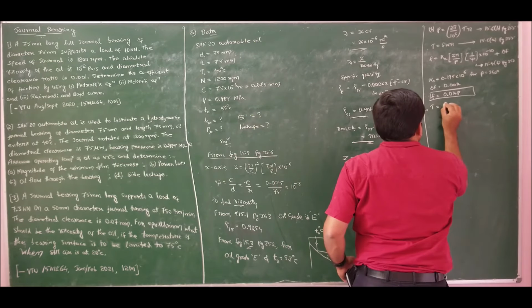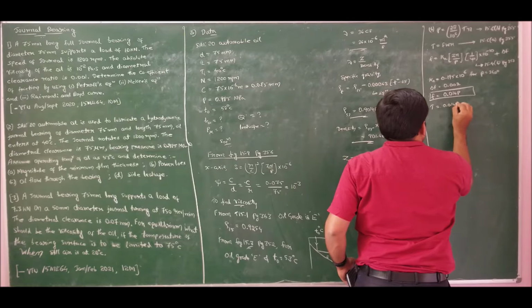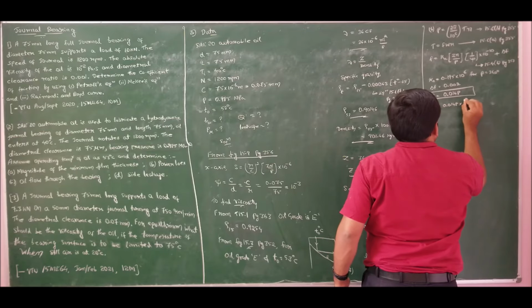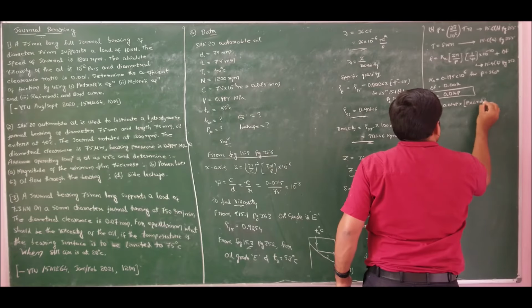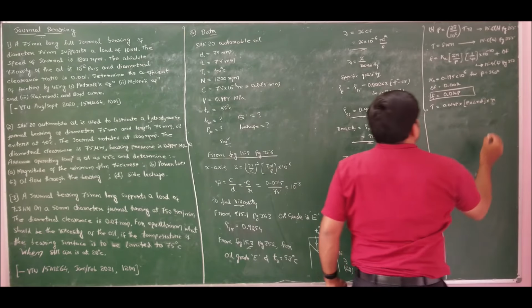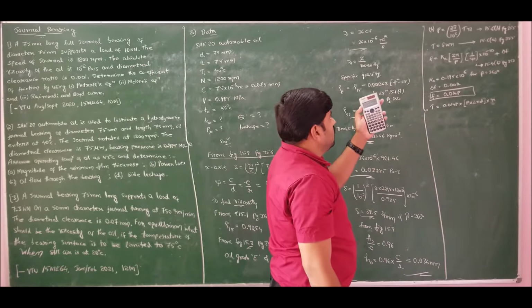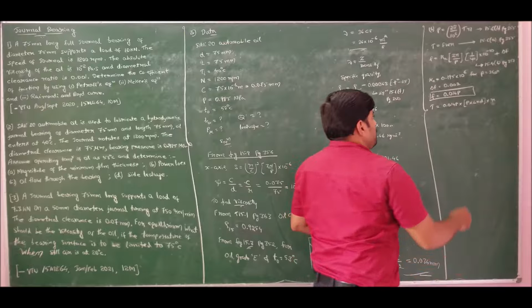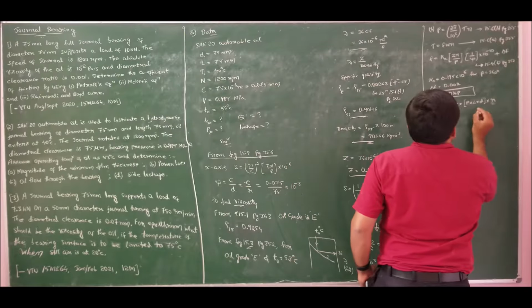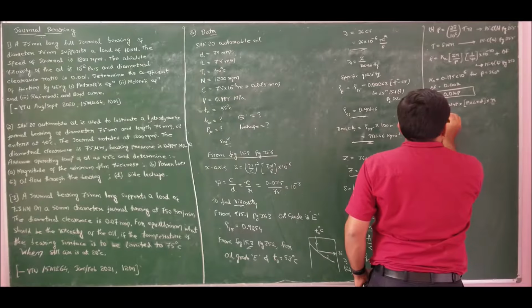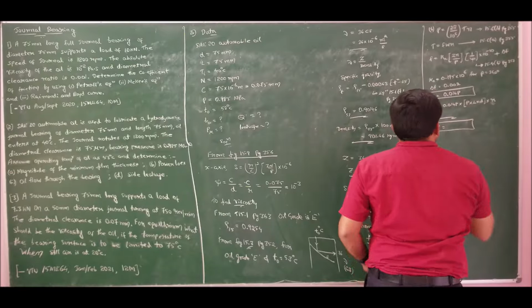I will get torque as 0.0148 into load. Load is not given, but pressure is. Load is pressure into length into diameter, because pressure is load by LD. So load will become pressure into LD. Hence I will get the torque, and finally I will get the power loss for this problem.